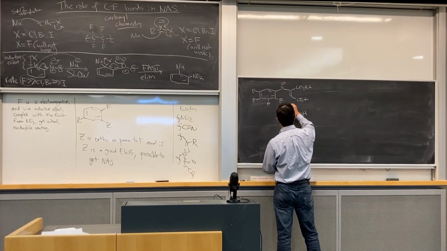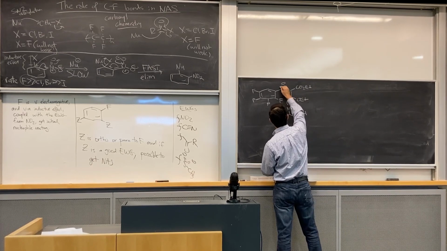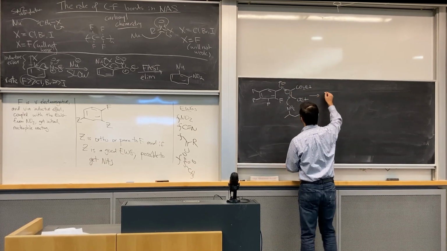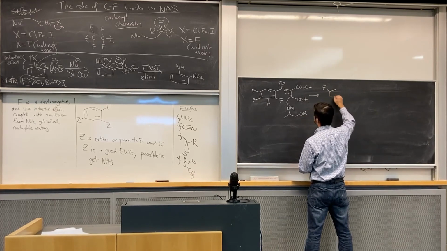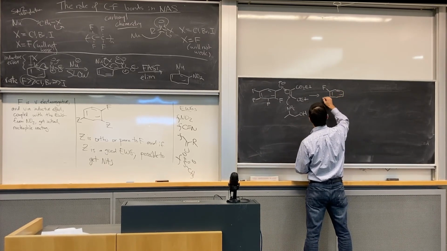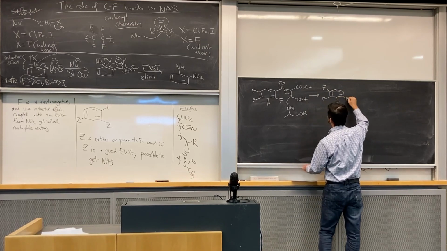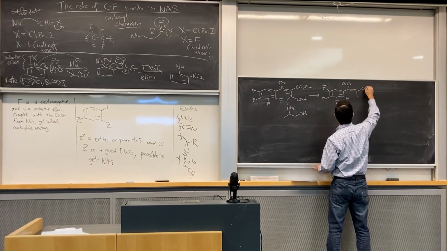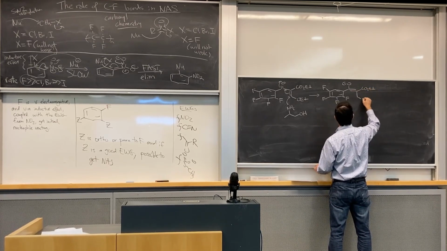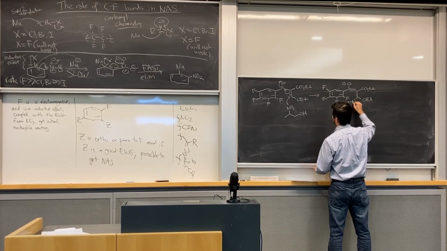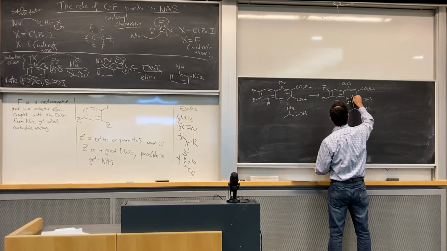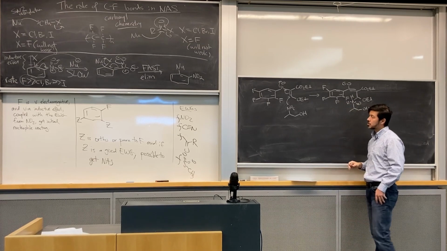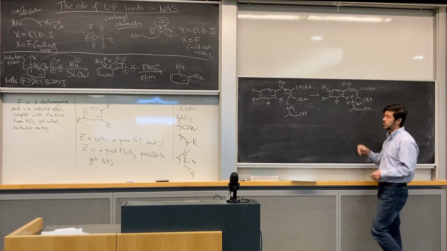So this will come up here, push electrons up into that carbonyl group. We have a nitrogen that's positively charged, so we're now simply going to remove a proton with a base.